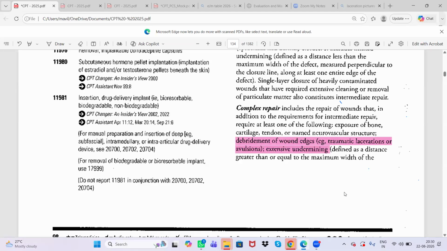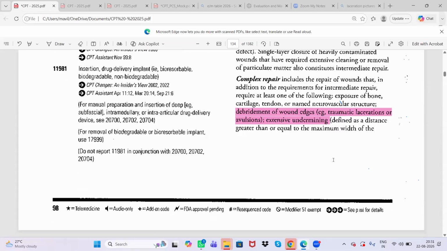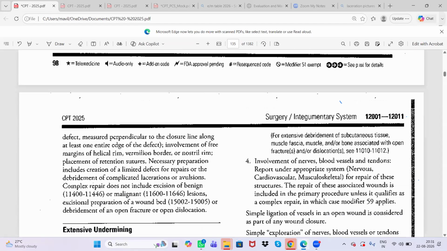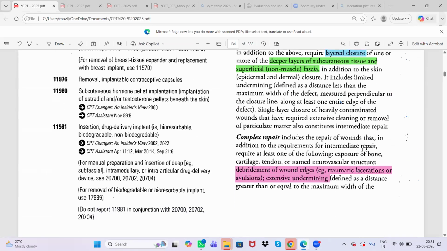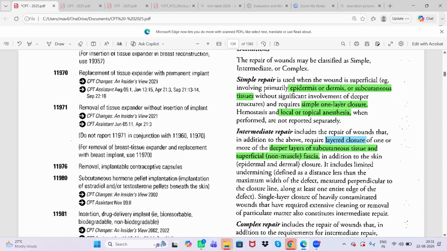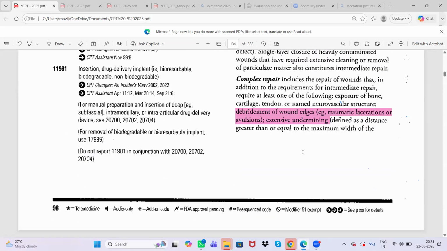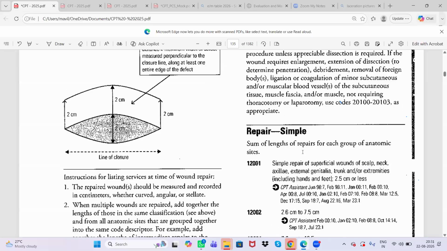Like deeper sections, right? So these are the terms which we need to remember for all three types of simple, intermediate and complex repairs. Okay, so we'll move on to the codes quickly.